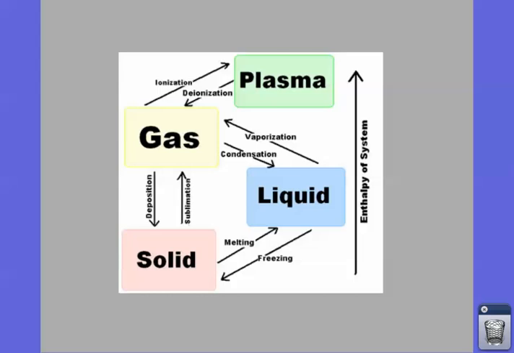Now, there's something we need to know as we talk about energy as it relates to this. The process of moving from a solid to a liquid means that a substance must take in energy from its environment. As a result of this, we call this endothermic. Now, you may have heard the prefix endo before with things like an endoskeleton, which is a skeleton that's inside of an organism.